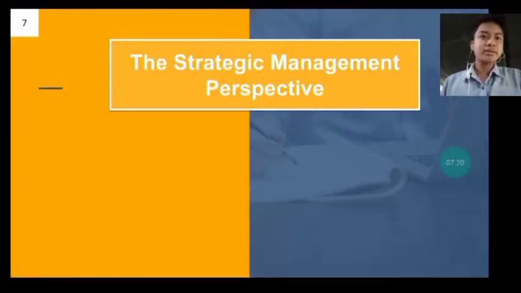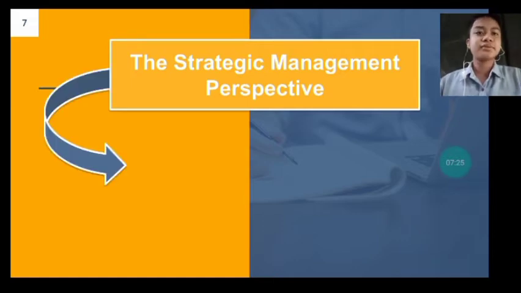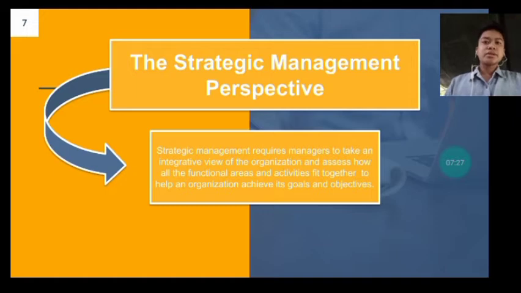Next one, we have the strategic management perspective. So strategic management requires managers to take an integrative view of the organization and assess how all the functional areas and activities fit together to help an organization achieve its goals and objectives.